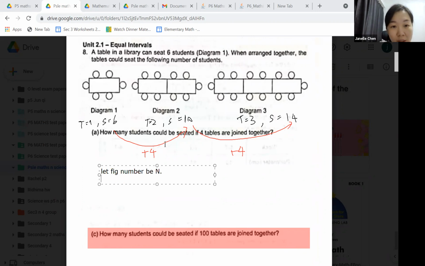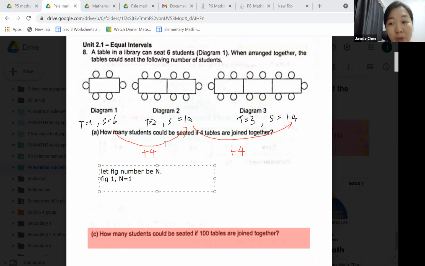So when n equals to 1, let's say for figure number 1, because the n will be equals to the figure number. So what they actually need to know is this one.